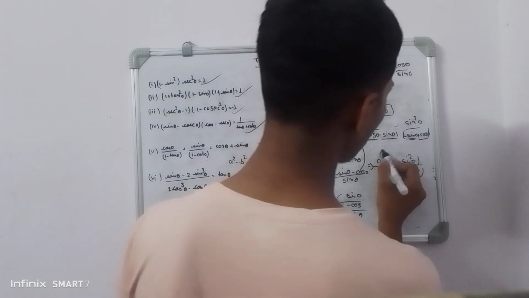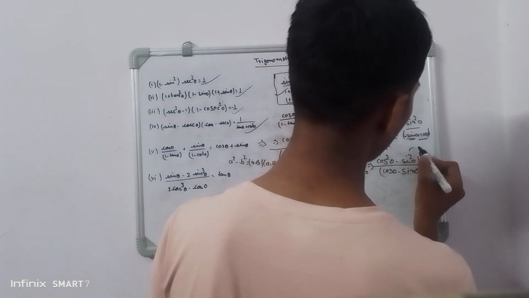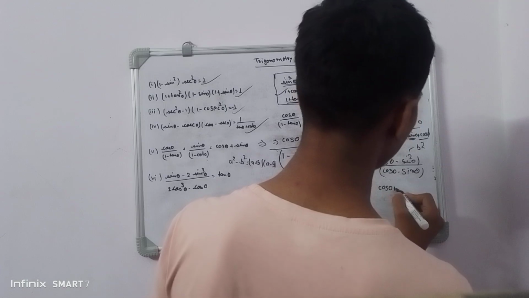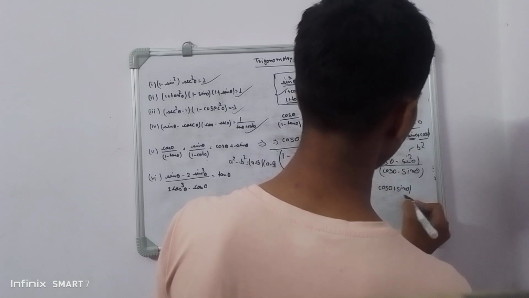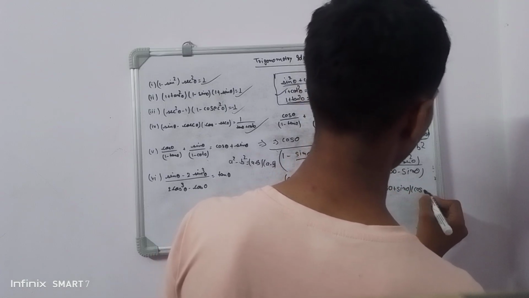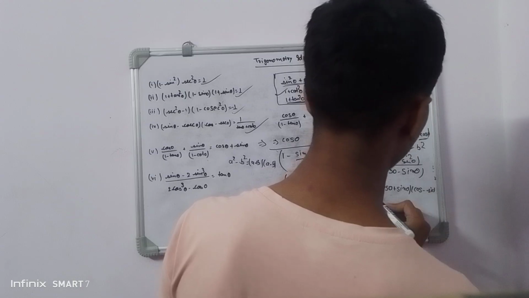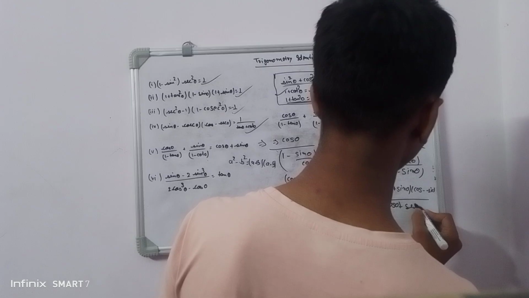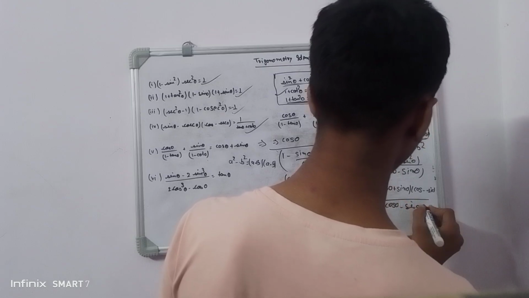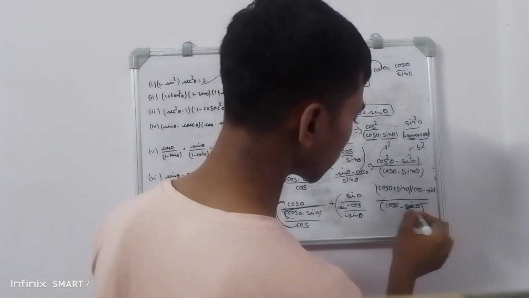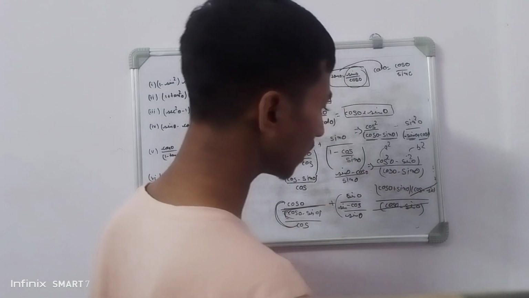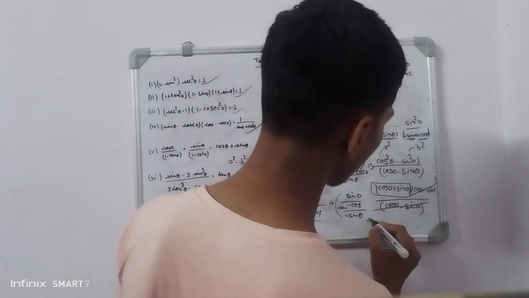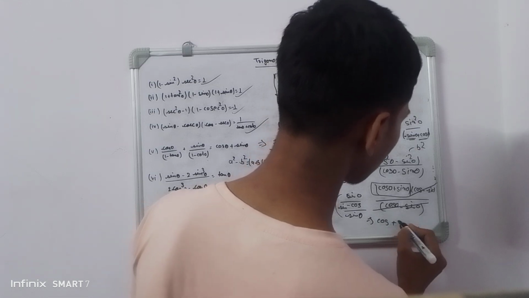So let's suppose this is a square and this is b square, so this can be expanded as cos theta plus sine theta into cos theta minus sine theta by cos theta minus sine theta. Like this it is going to be expanded. As you know, cos theta minus sine theta will cancel out here, and we remain with cos theta plus sine theta.